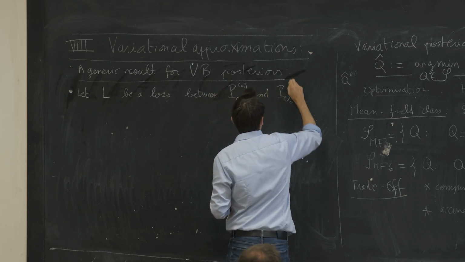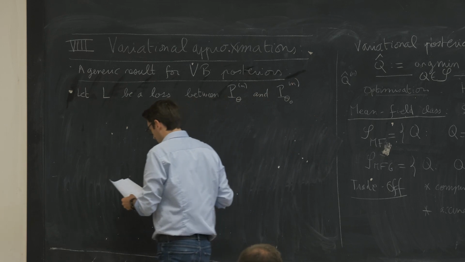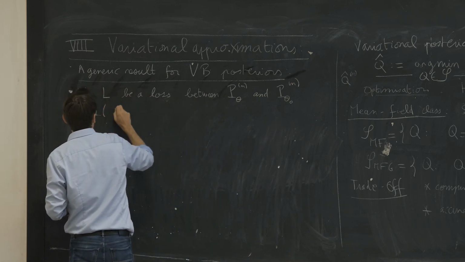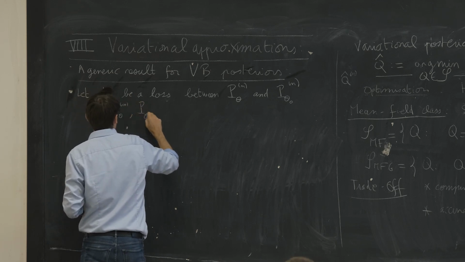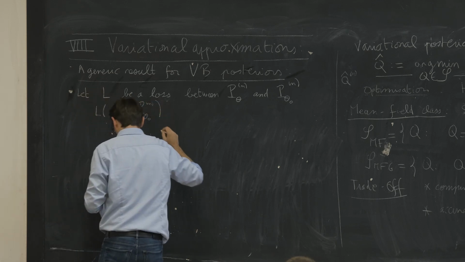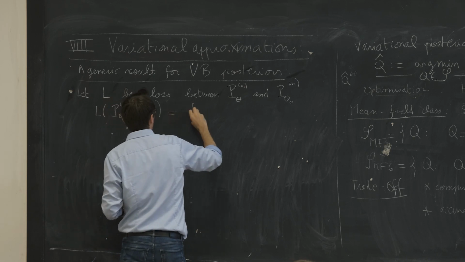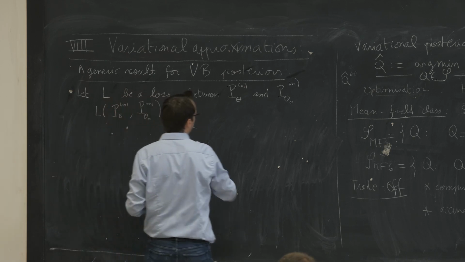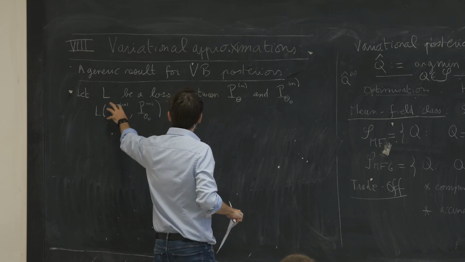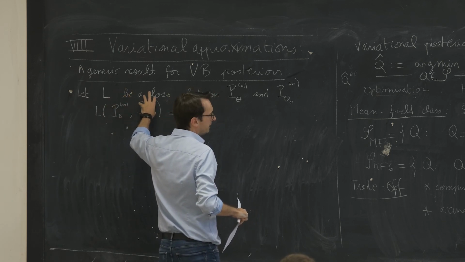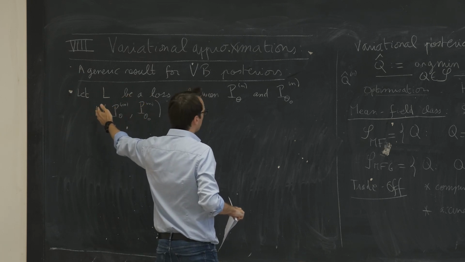The result will be expressed as a loss between distributions. We can think of many things. We'll have to be slightly careful about the normalization here, because the loss will be directly on the full probability measures, so typically it will scale with n.